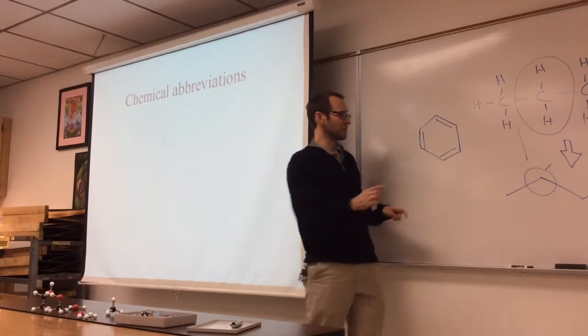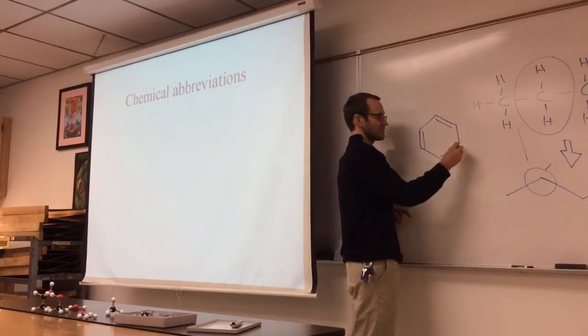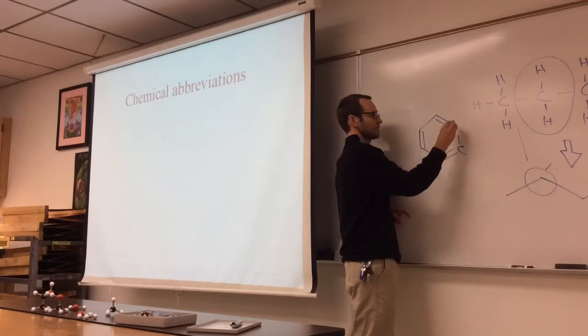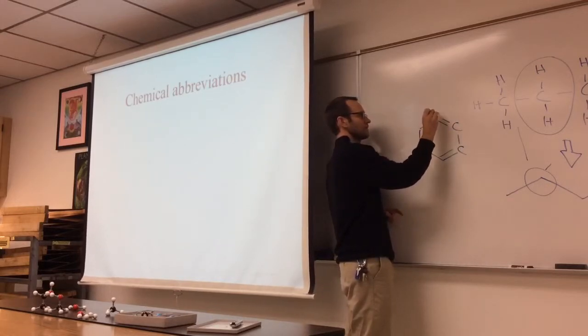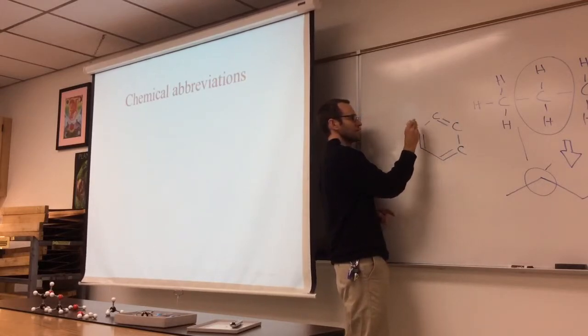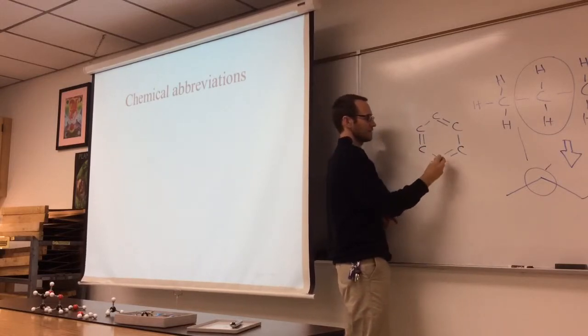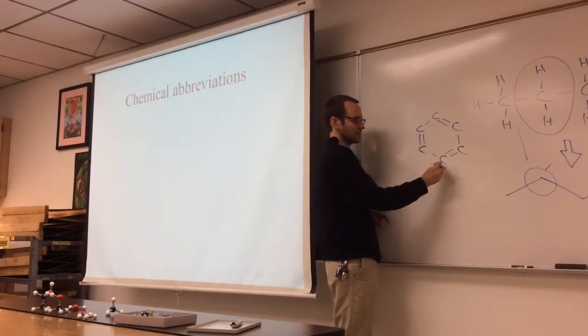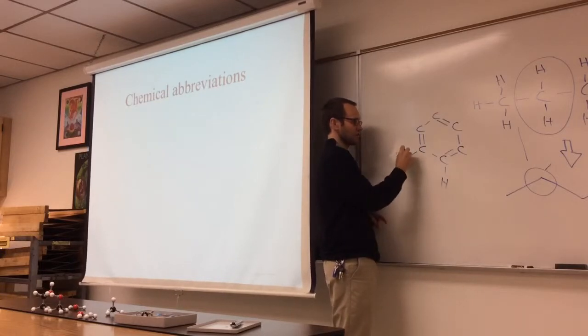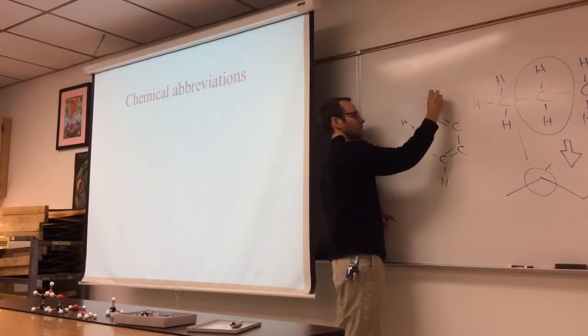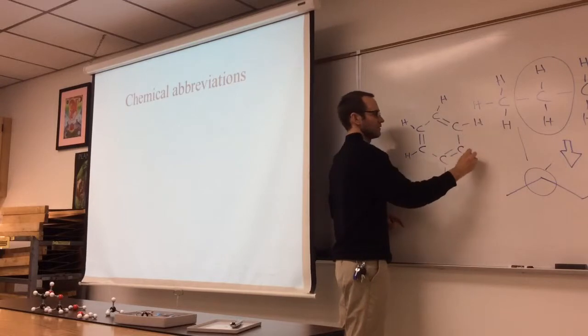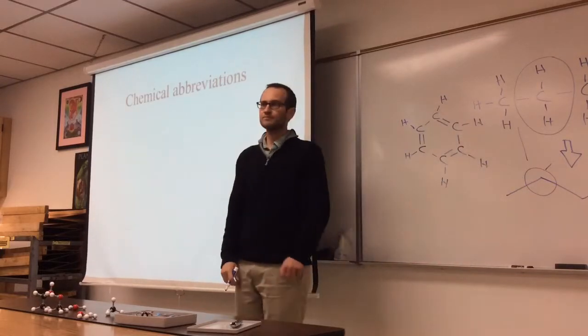Okay, so all you would do here is add into each of these a C, a C, a C, a C, a C, and a C. And then each one of these carbons has space for one more H on it.